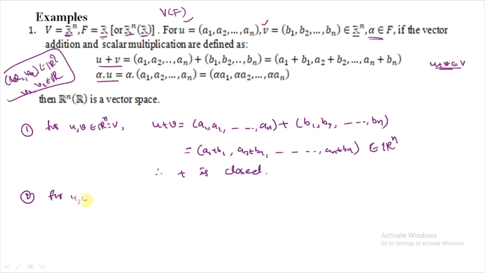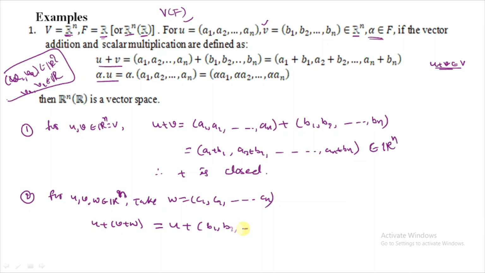Next, take u, v, w belonging to Rn. Take w as a vector in Rn, w equal to (c1, c2, ..., cn). Verify it satisfies the associative property. Now take u plus (v plus w). First write v plus w: v equal to (b1, b2, ..., bn) plus w equal to (c1, c2, ..., cn).